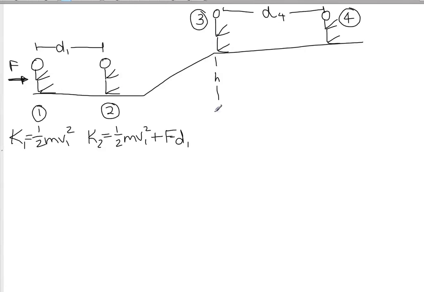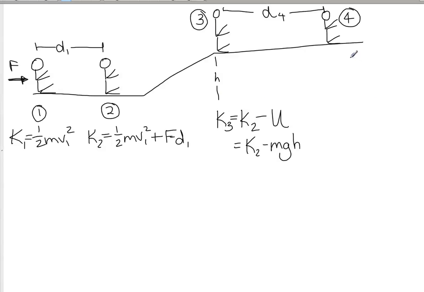So the amount of kinetic energy in position number 3 is going to be the amount of kinetic energy he had in position number 2 minus the potential energy that he gained. So that's going to be minus mgh, h being this height difference that's talked about in the problem. So that's how much he has in position number 3.